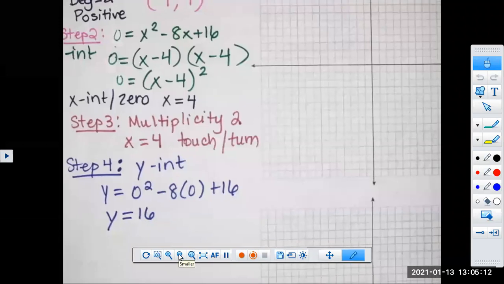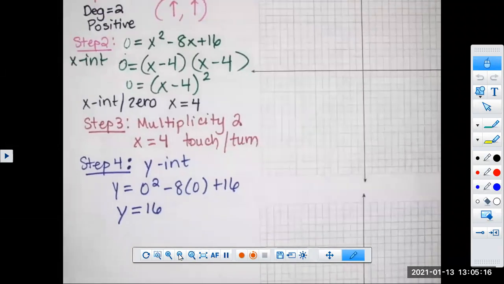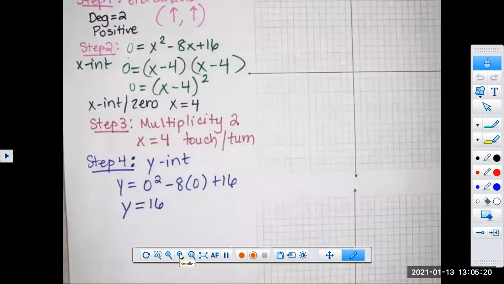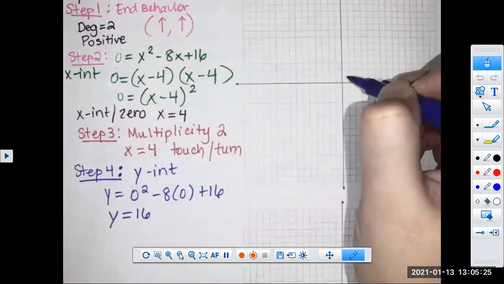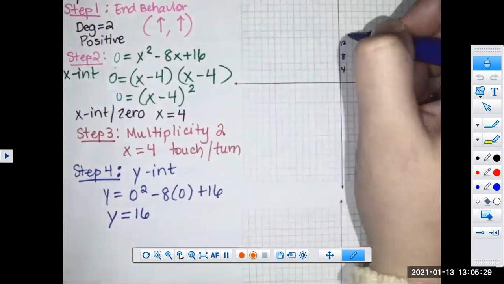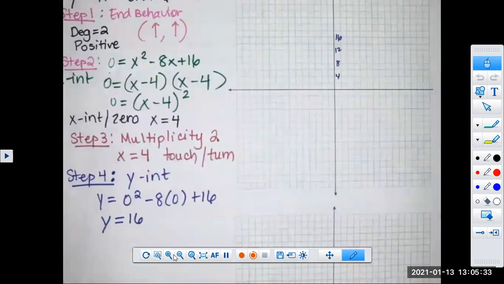Okay, now we have to go back and apply all of this information to help us graph it. Since my y-intercept is 16, I'm going to go by 2's on the y-axis.